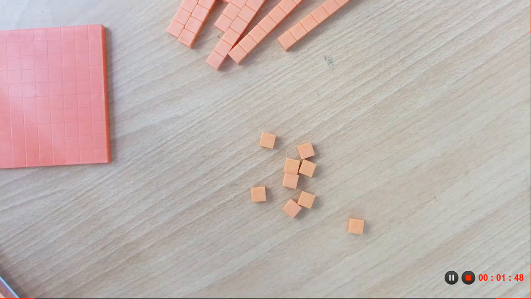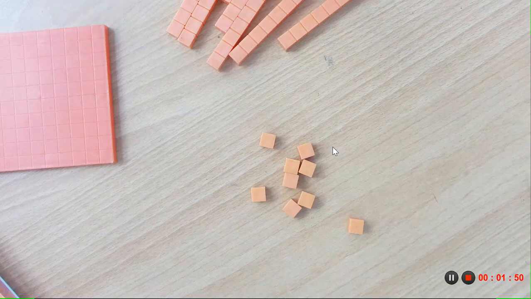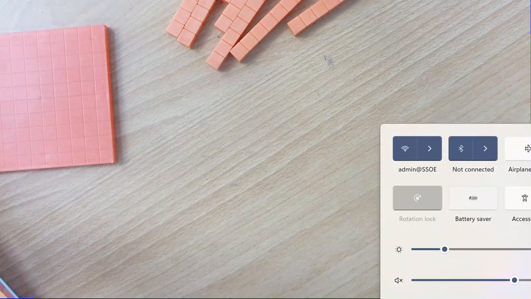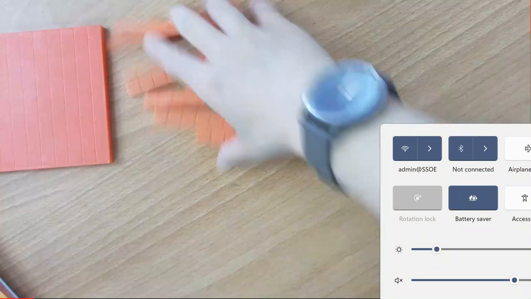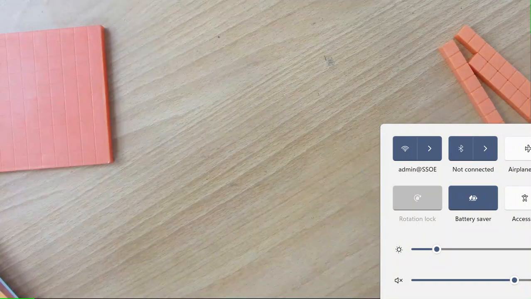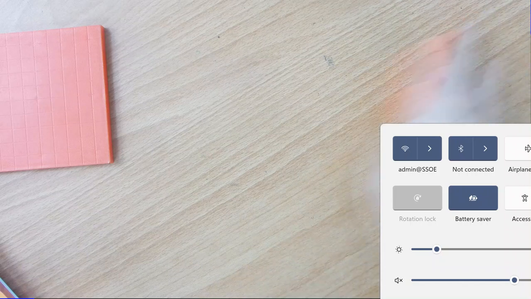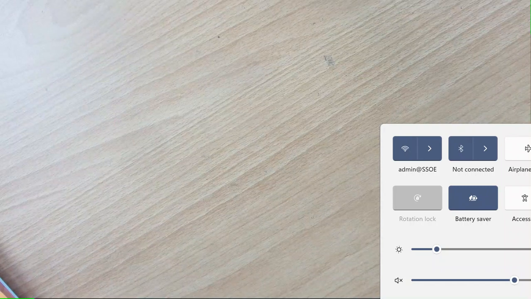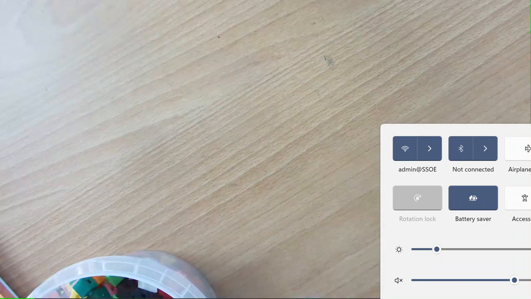Count 30 cubes first. Have you counted 30 cubes already? Okay, now I want you to make it into a cube, just like what Adrian did just now. A smaller version of mine.